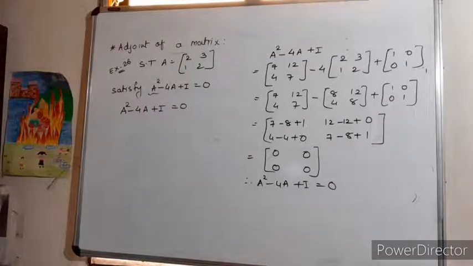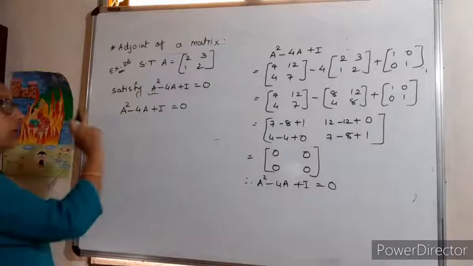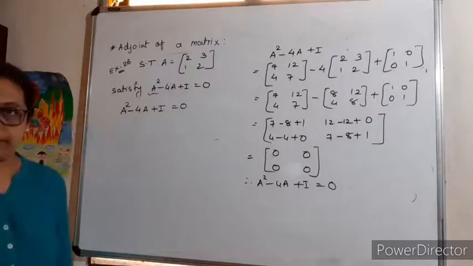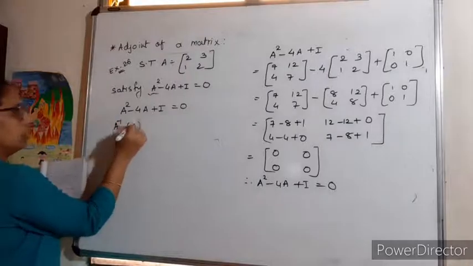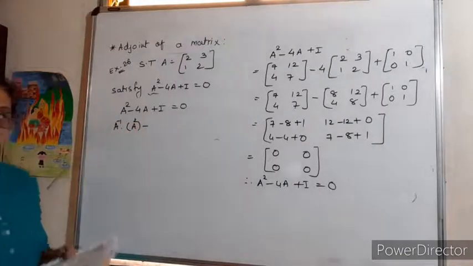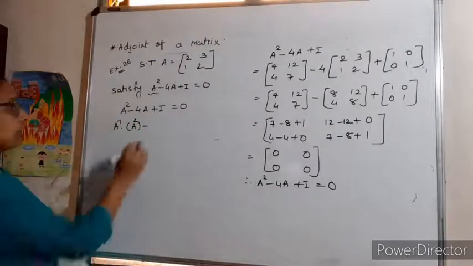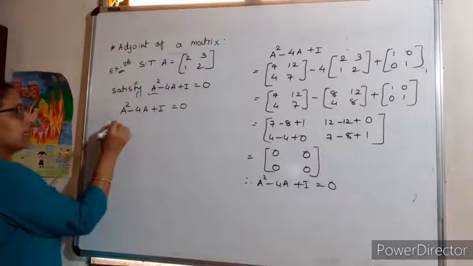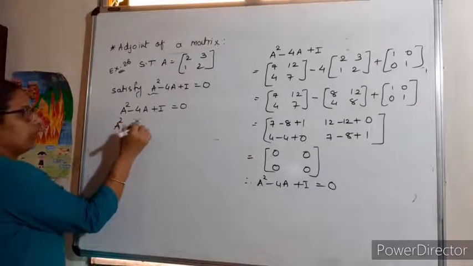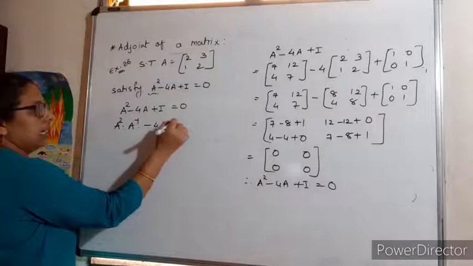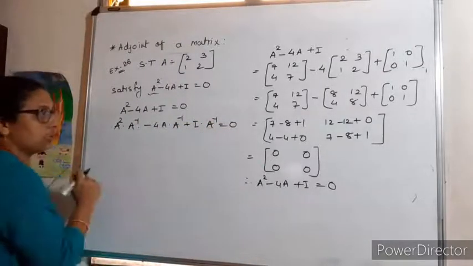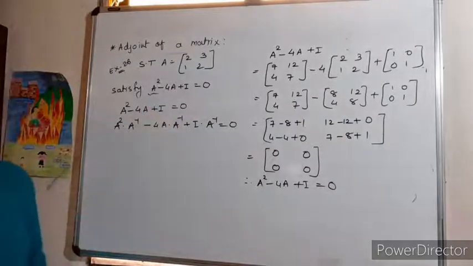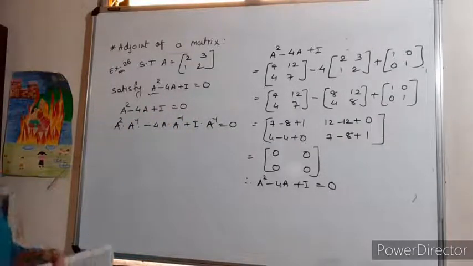Now, we will multiply A inverse on both sides. Write it like this: A square A inverse, minus 4A A inverse, plus I into A inverse equal to 0. I multiplied all terms by A inverse. So what remains?